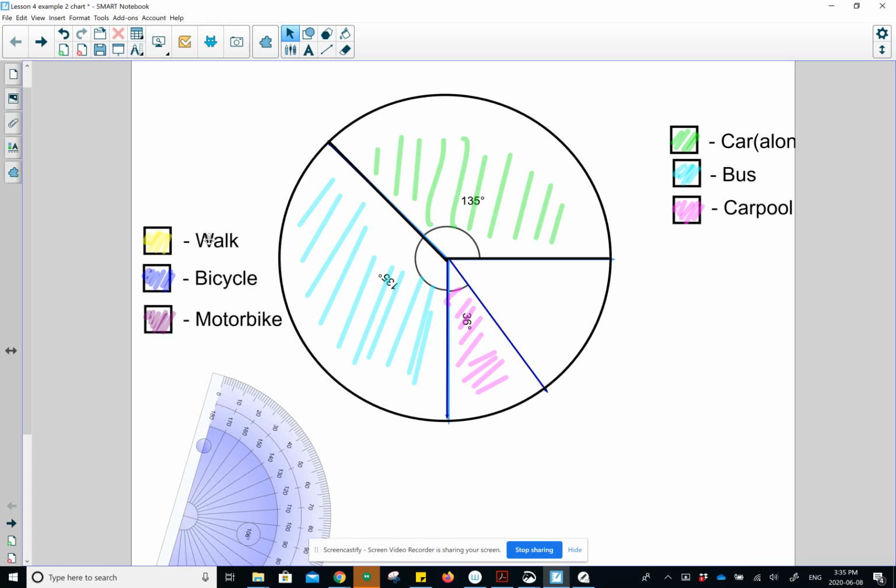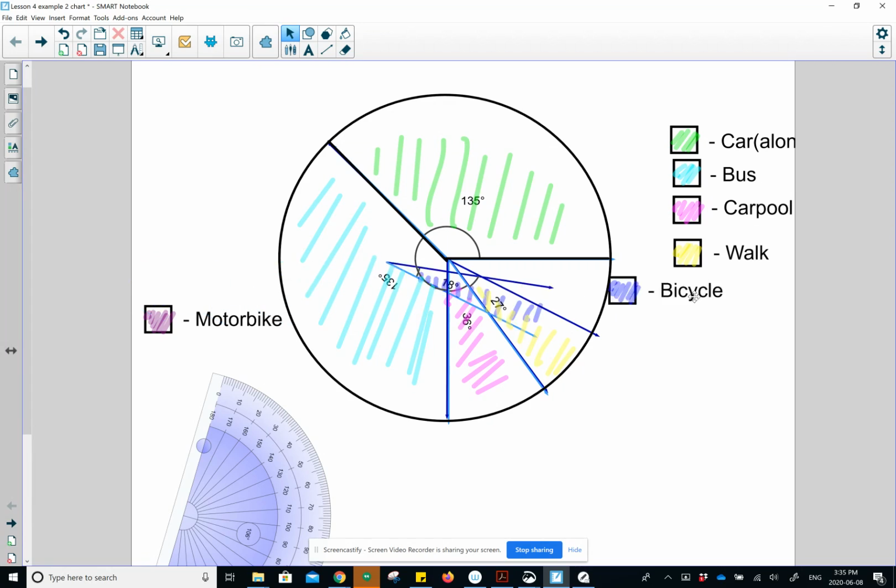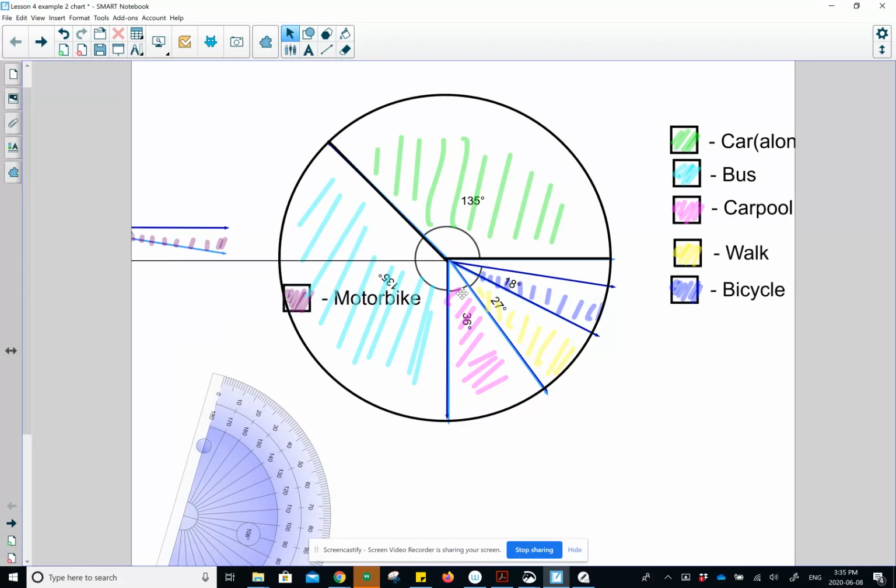So that's 36 degrees. The angle for the percentage of people that walk was 27 degrees. For the bicycle, it was 18 degrees. And for the motorcycle, it was 9 degrees. And look at that. If we have all those degrees together, it fills in the circle 100%.